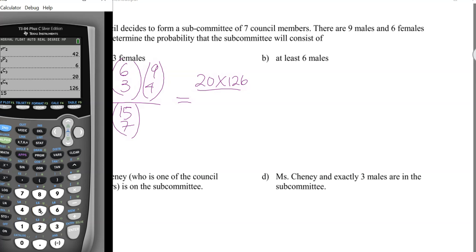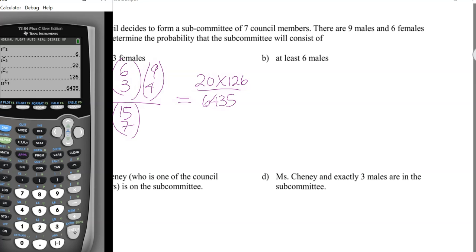Up until now, for the top part we would have said, how many ways are there of choosing, which would have been 20 times 126. This is probability, so it's how many ways, the favorable, over the total number of outcomes. A lot of times we'll work that out as well. The total number of 7-person subcommittees from a group of 15 is 6,435.